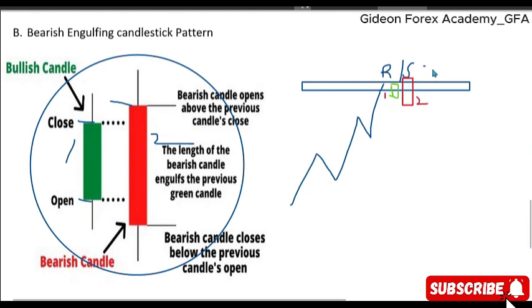So when the bearish engulfing candlestick pattern forms here at resistance, it's indicating imminent bearish momentum, that more sellers are in the market than buyers. There is more selling pressure than buying pressure. So you get ready to sell at resistance when you see this bearish engulfing candlestick pattern, in confluence with resistance and supply zones, or even trend lines.